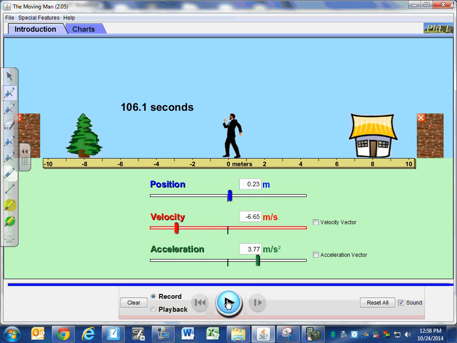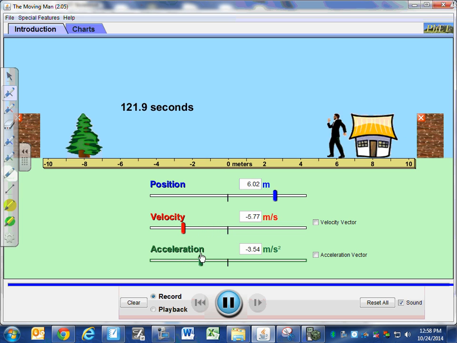So let's try it again. Negative velocity, positive acceleration. Oh, he hit the wall. Let's start again. If he starts here, let's give him a negative velocity and a positive acceleration. Let's see if he's speeding up or slowing down. Slowing down. Now notice, now he's speeding up.